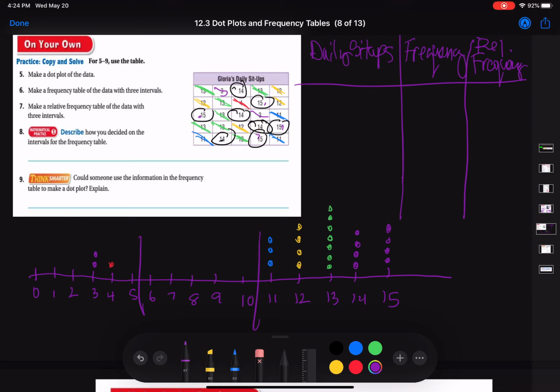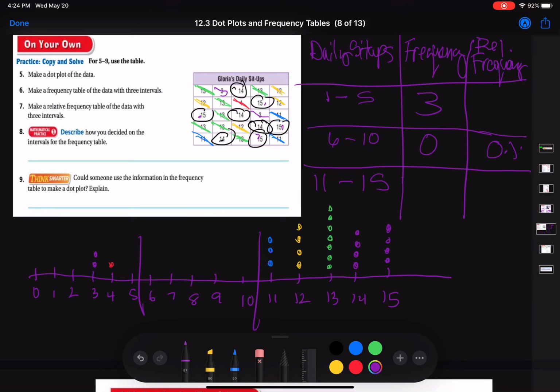So let's do that. 1 to 5, and then 6 to 10, and then 11 to 15. Okay, so you have 3 under 1 to 5, 0 here, so this one's going to be 0%, and then 11 to 15, you got a bunch.